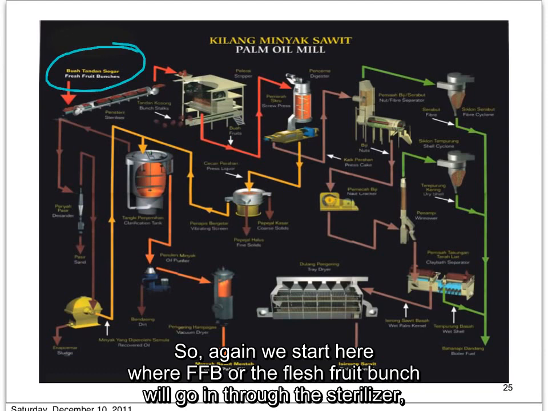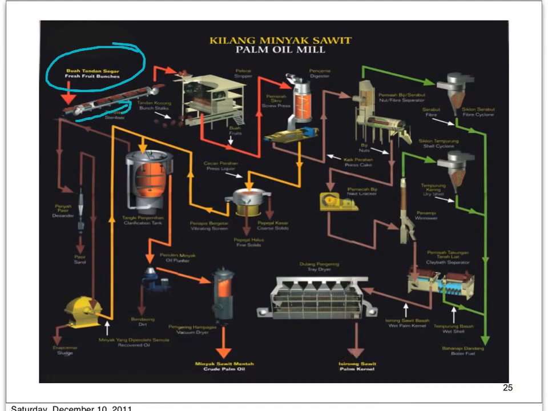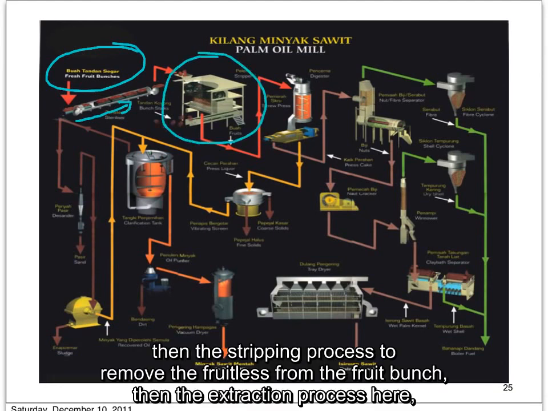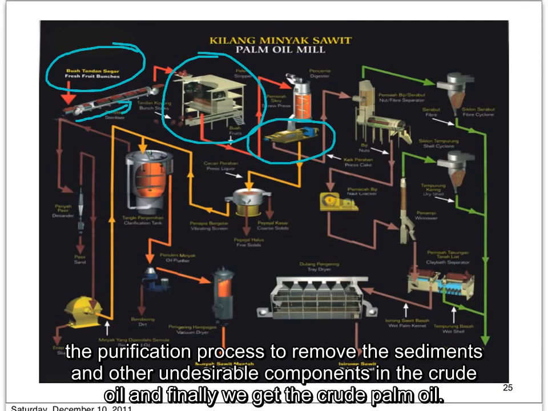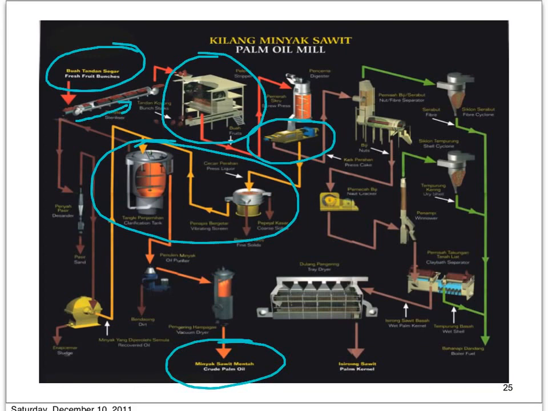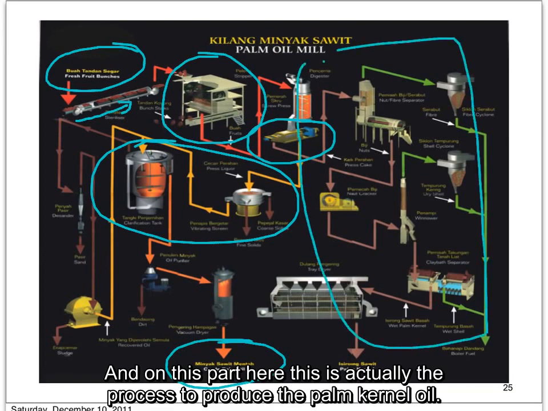This is where the FFB or the fresh fruit bunch will go in through the sterilizer, then the stripping process to remove the fruitlets from the fruit bunch, then the extraction process here, clarification process to remove the sediments and other undesirable components in the crude oil, and finally we get the crude palm oil. And on this part here, this is actually the process to produce the crude palm kernel oil.